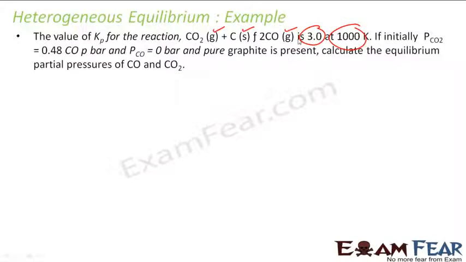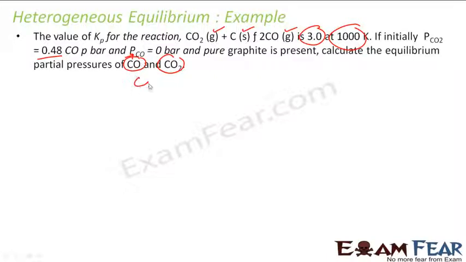If initially the pressure of CO2 was 0.48 bar and the pressure of CO was 0 bar, we have to find the equilibrium partial pressure of CO and CO2.